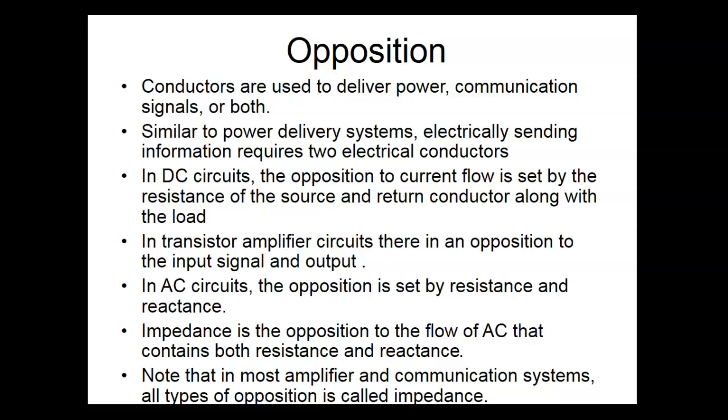And that's why when we move into AC, we should stop teaching E equals I times R. We should start saying E equals I times Z. That's the way they should teach it in AC.